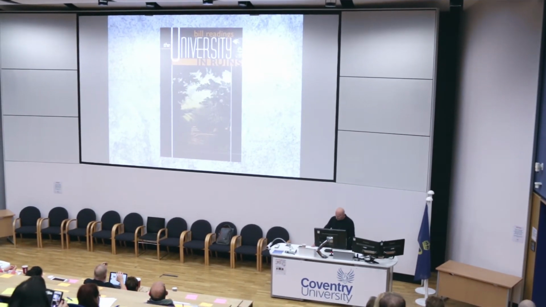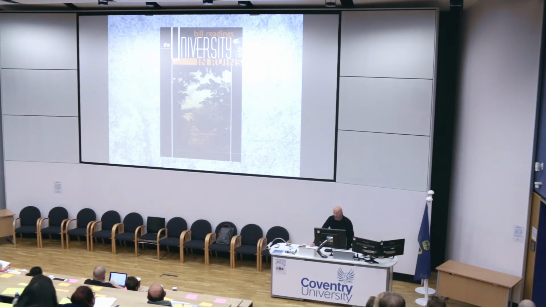idea? Charting the fate of the university in a world dominated by an economic logic of profit and loss in his 1996 book, The University in Ruins, Bill Readings demonstrated how the liberal humanist notion of culture as the legitimating idea of the modern university has reached the end of its usefulness. It's been replaced by the concept of excellence, which has the single advantage of being meaningless, or to put it more precisely, non-referential.